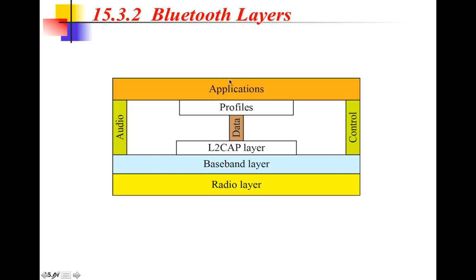Now the Bluetooth layers that we have, at the lowest layer we have the radio layer, which is similar to the physical layer for the internet or the OSI model.